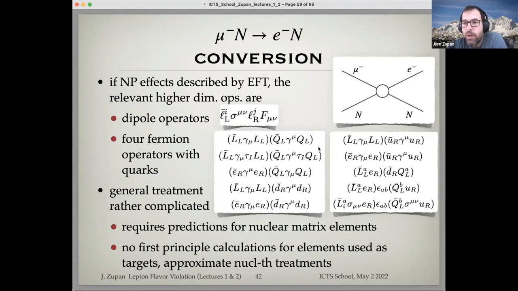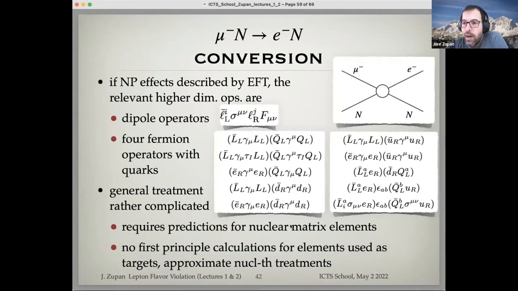In order to make a prediction, you need to evaluate the matrix element of this quark current sandwiched inside the nucleus. Some of them are easy, which is the vector currents. Some of them are very tough. These are the tensor currents. I mean, the matrix elements are poorly known both on the nucleon level and then on the nuclear level.